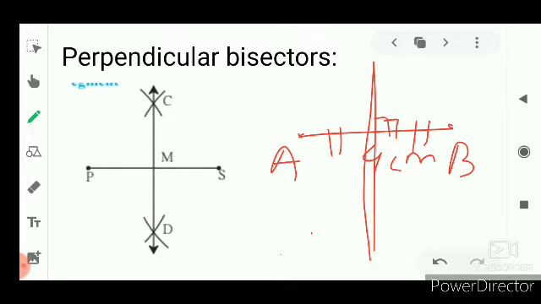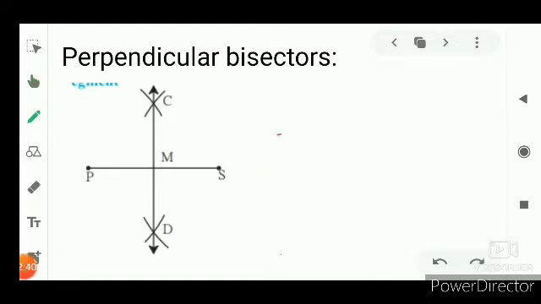It means that the perpendicular bisector of segment AB, which is of 4 cm, will divide AB into two equal parts, of 2 cm and 2 cm, and this line is perpendicular to the segment AB. Clear? Now let's see how to draw this perpendicular bisector.